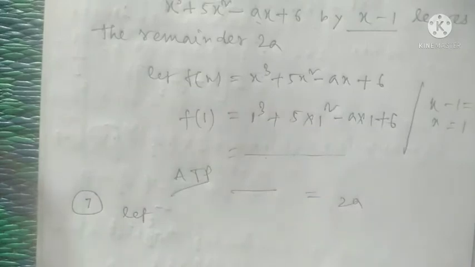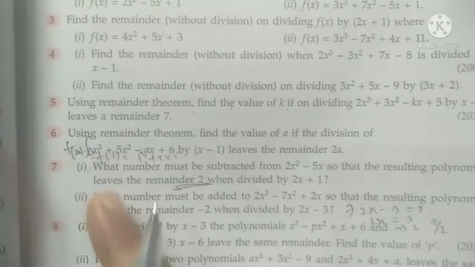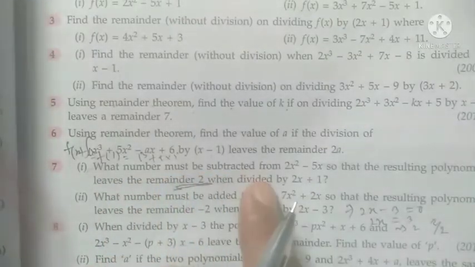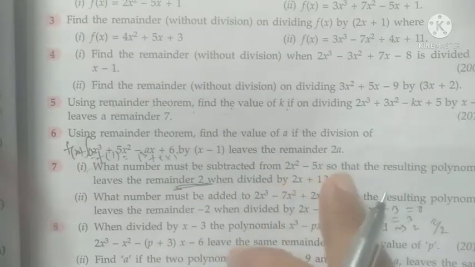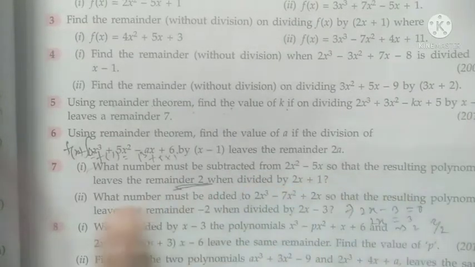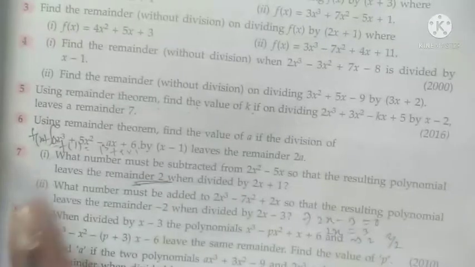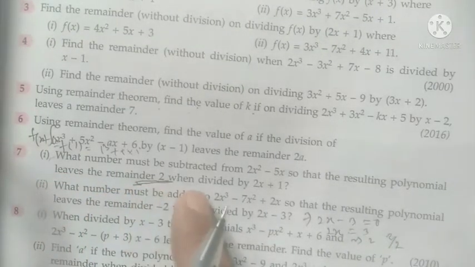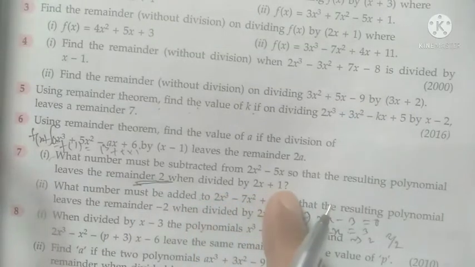Now we are going to solve question number 7. First of all, you have to read the question. What is the question telling? What must be subtracted from this polynomial so that the resulting polynomial leaves the remainder 2 when divided by 2x plus 1?